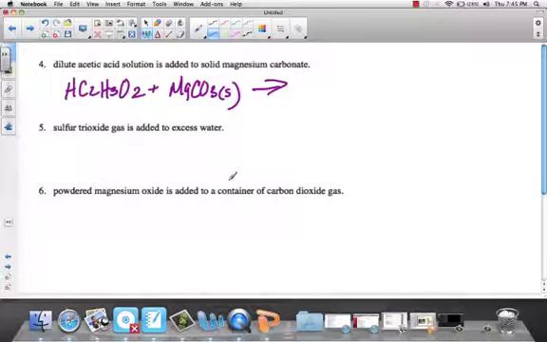Well, there's going to be some separation, but not much of the acetic acid because it's weak, so it's going to barely ionize.